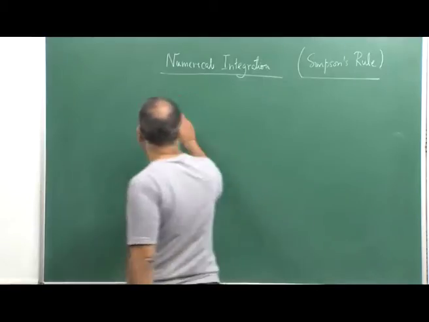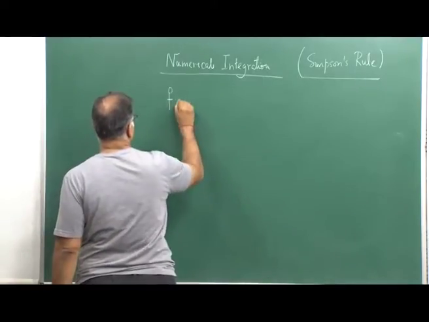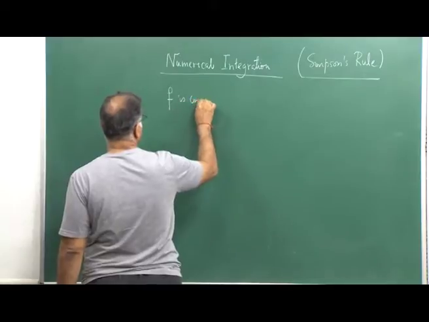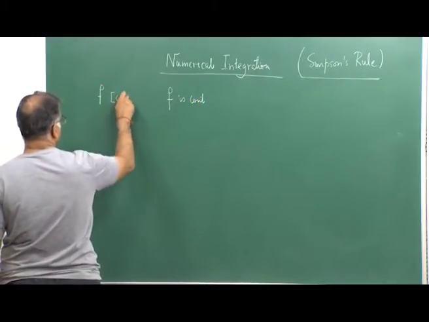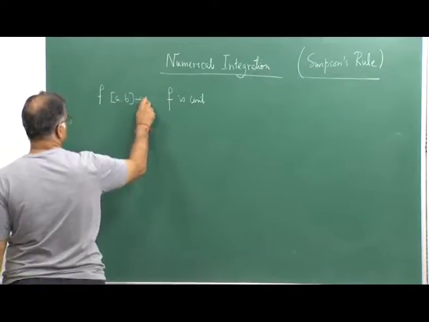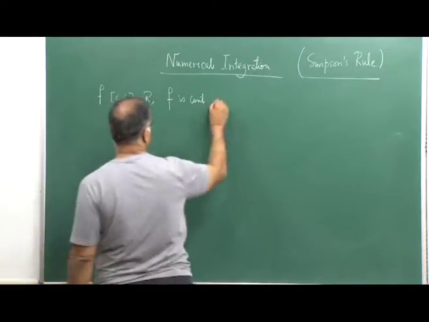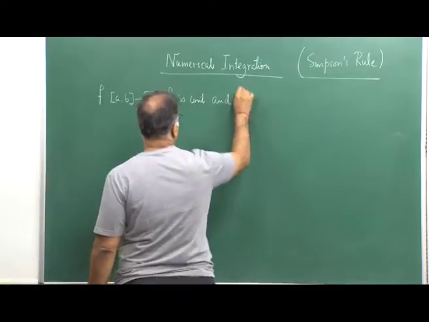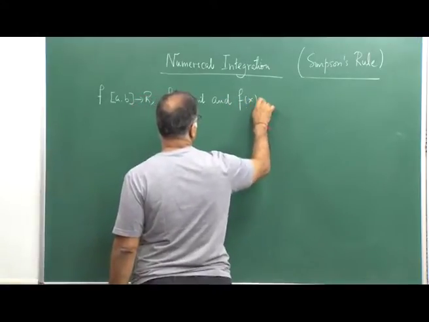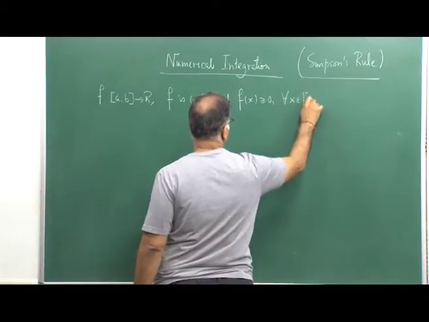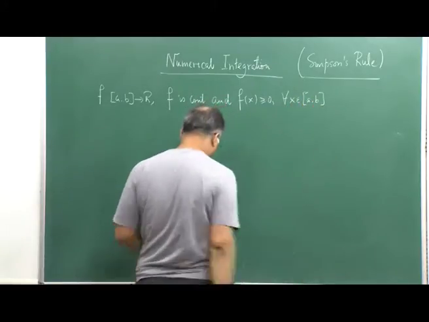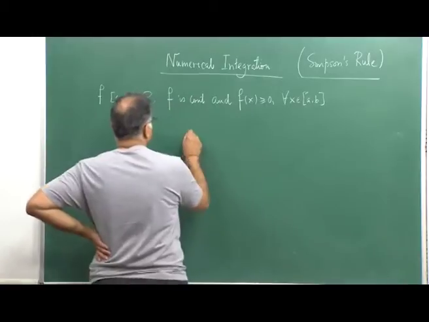Again we will start with f continuous. So, f is from A to B, [A, B] to R. f is continuous and f(x) is greater than or equal to 0 for all x in [A, B].